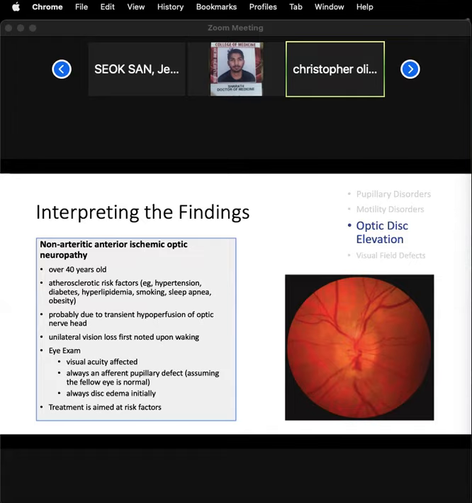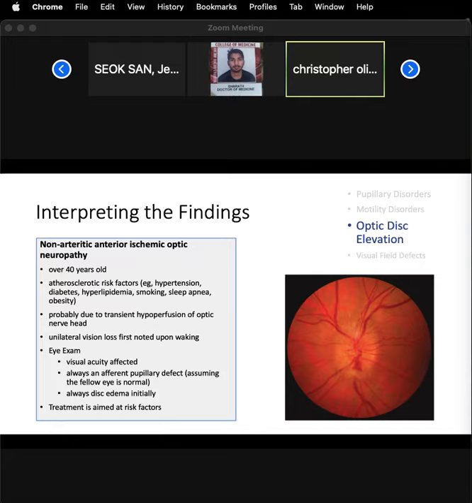So there are two major variants of anterior ischemic optic neuropathy, the arteritic and the non-arteritic. Of the two, the non-arteritic anterior ischemic optic neuropathy occurs in patients who are 40 years old and above. So there are atherosclerotic risk factors when you ask the patient.